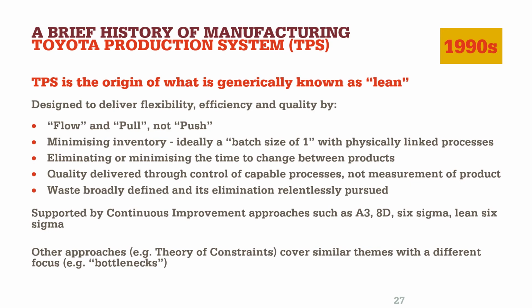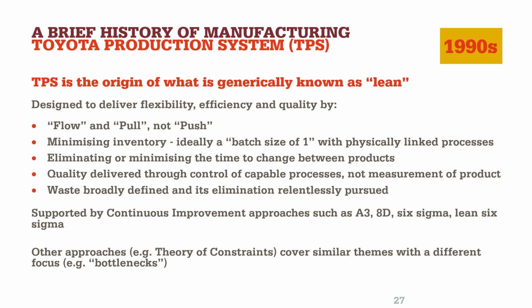not measurement of product, and understanding what all the elements of waste are, time, energy, cost expended without actually increasing the value of the product. And so having defined it, there are processes in place to identify it and pursue its elimination by processes now referred to as Kaizen or continuous improvement.